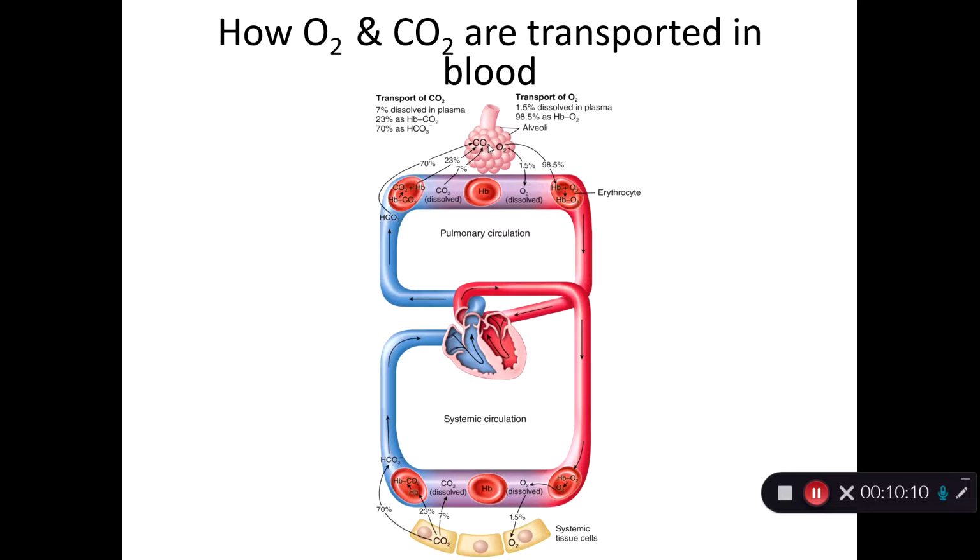With that in mind, we need to make this just a tiny bit more complex and explain how exactly O2 and CO2 are moved. We're going to start off with O2. All of y'all should remember from chapter 19, or the chapter on red blood cells, erythrocytes, that red blood cells have hemoglobin, the protein that carries oxygen.